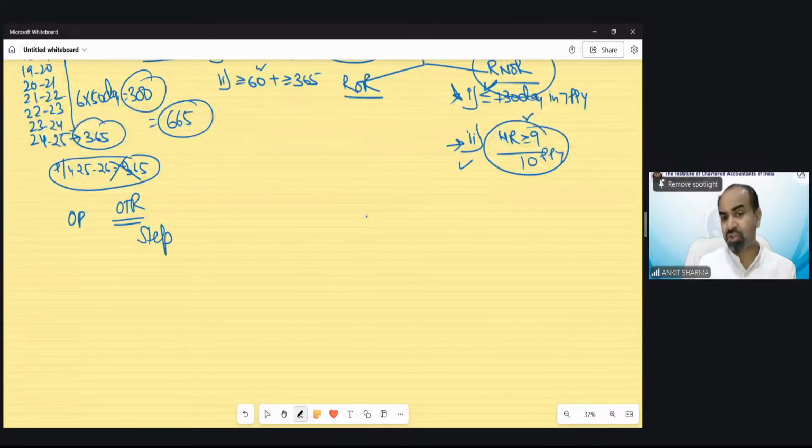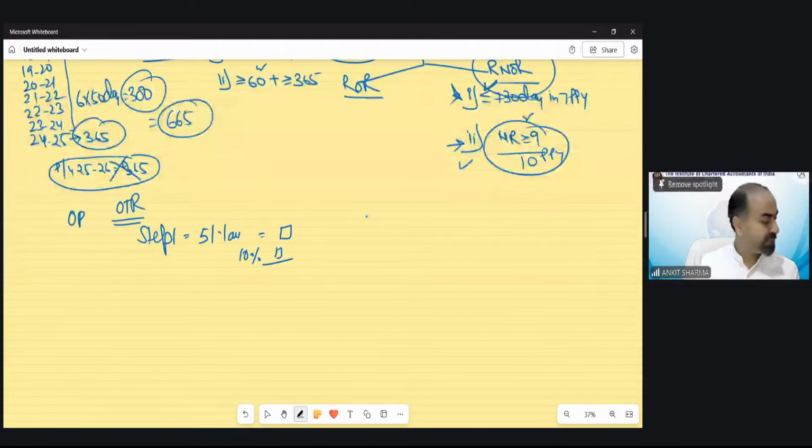We discussed this illustration in class also, at the starting of marginal relief. Even so, you have to calculate tax on 51 lakh rupees income initially, and whatever the tax, apply the surcharge of 10%.